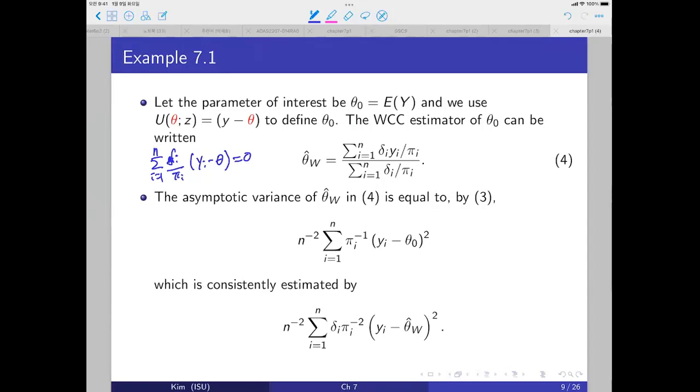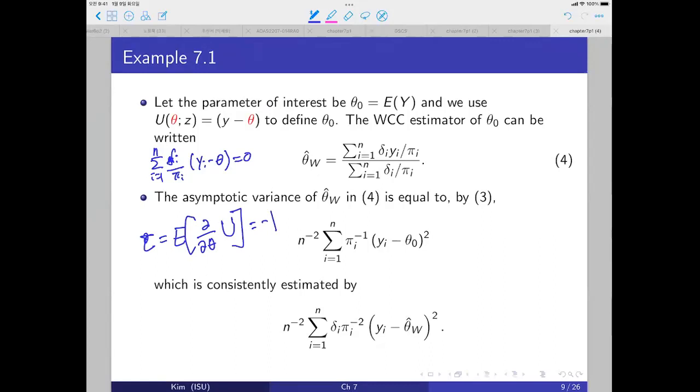So what is tau? Tau is the partial derivative, right? So in the sandwich formula, the tau here is equal to -1. Your u function is y minus zeta. So tau is -1.